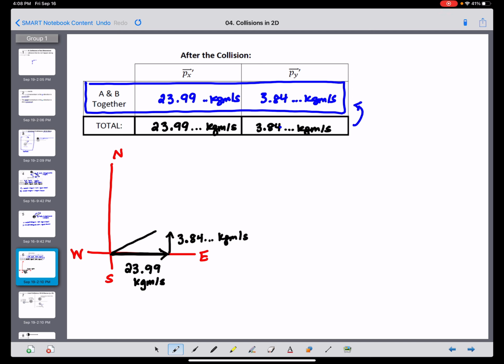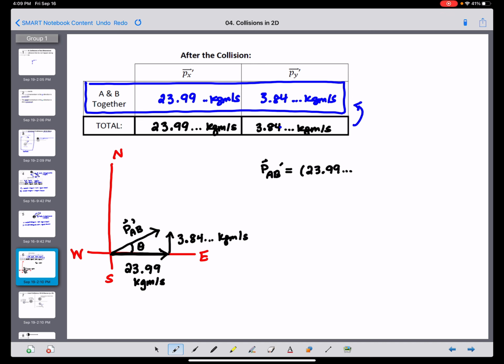And then I'm going to draw in my resultant. For the resultant, I am going to label this PAB prime. So this represents the momentum of object A and B together after the collision. And I'll just draw in the angle that I'm going to find as well. So for PAB prime, I'm just going to do A squared plus B squared equals C squared.